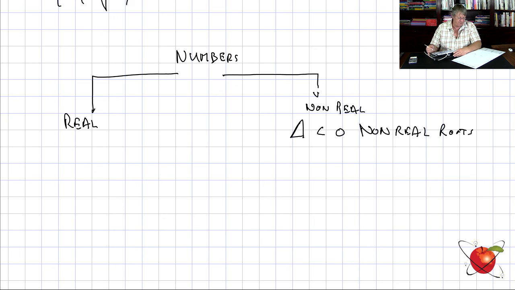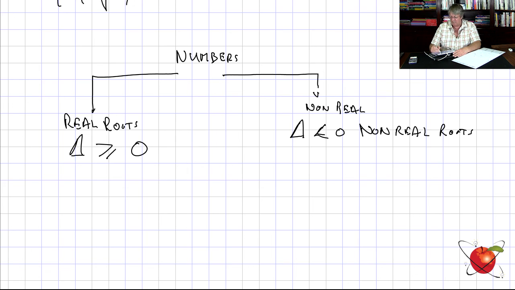For real roots, we've got two options. Let's just put this in first. For real roots, what is the opposite to that? The opposite to delta less than 0 is delta must be greater than or equal to 0.